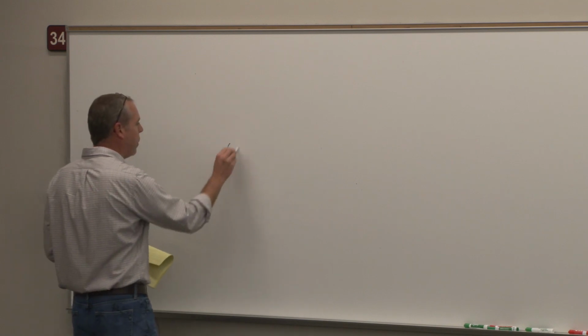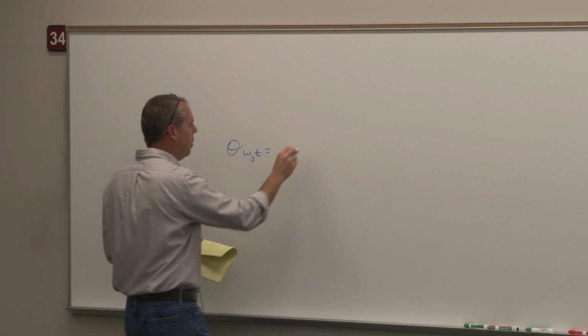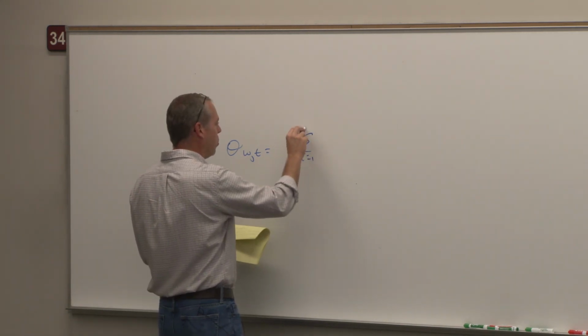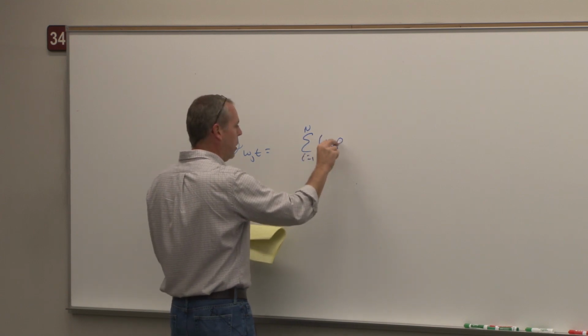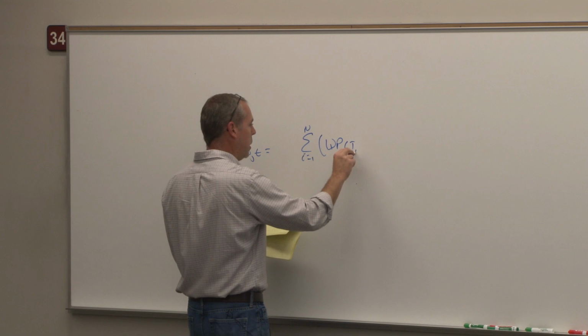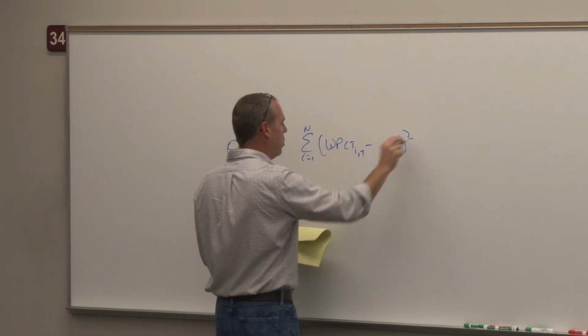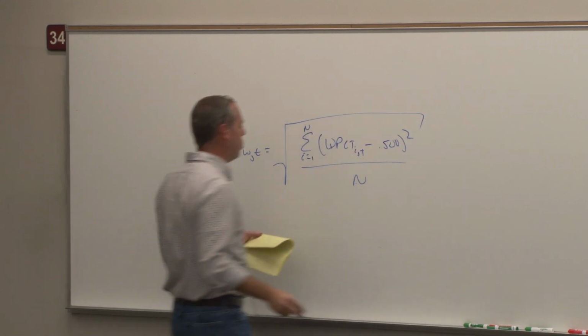So that we would have, for example, this theta W, and then we said, okay, the summation here, i equals 1 to n, WPCT_i minus .500 squared, all over n, and then in essence we took the square root of that.